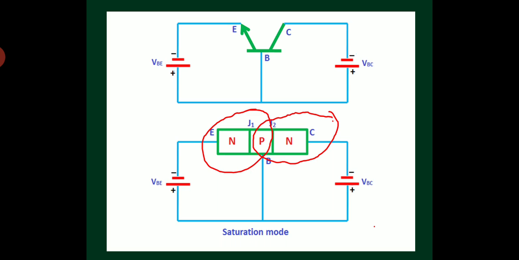Both junctions J1 and J2 are forward biased here. So what will happen? More current will flow in the circuit. Hence, electric current will flow in the transistor.